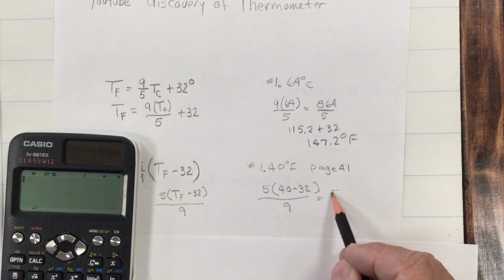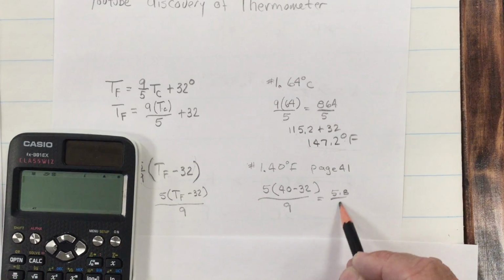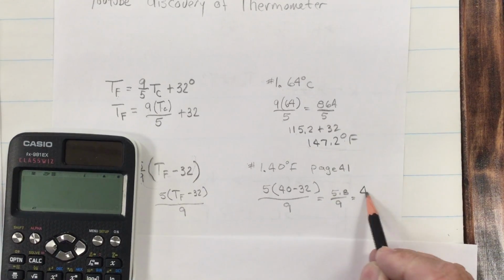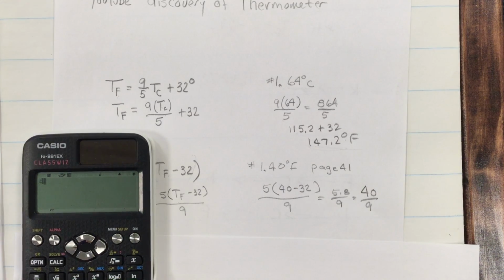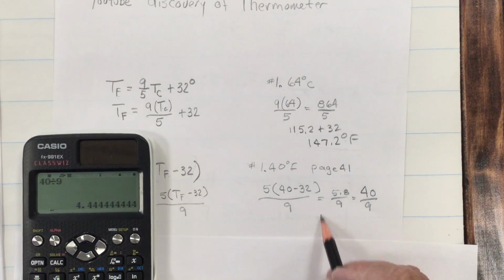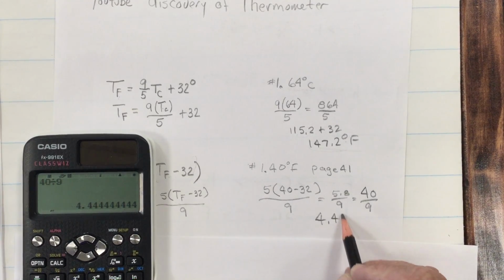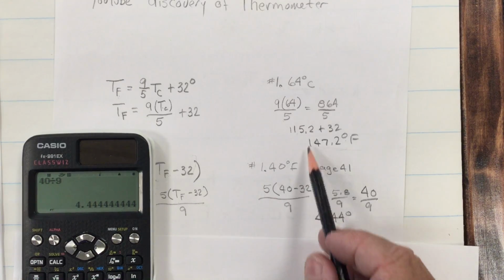So that is 5 times 8 divided by 9, which is 40 divided by 9. So 40 divided by 9 is 4.44 degrees.